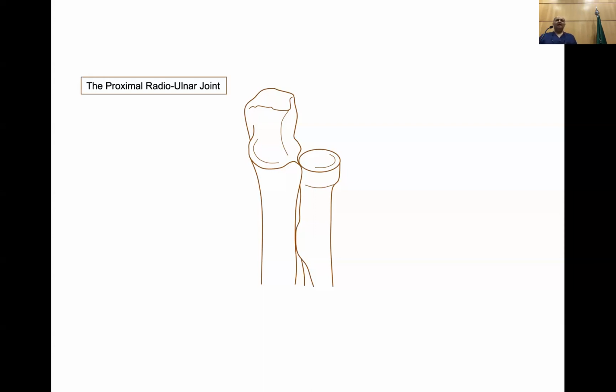Right now you're looking at the upper end of the radius and the ulna. We should be very clear: the radius is on the radial border, which is away from my body. That is the lateral border, where my thumb is. The thumb is my first digit. So if I put my hand in the anatomical position, this is the lateral or radial border of my body.